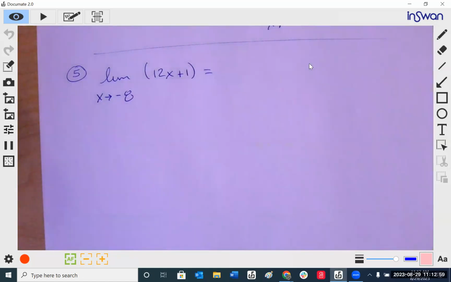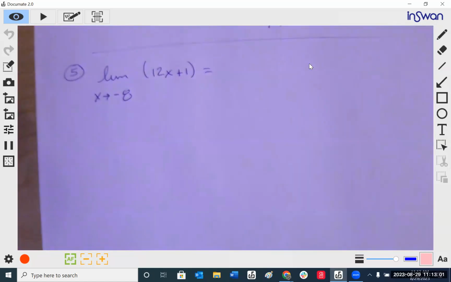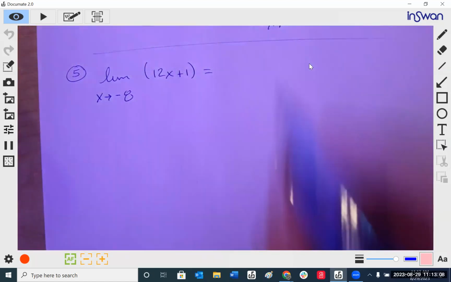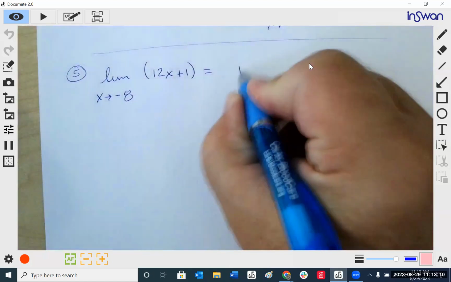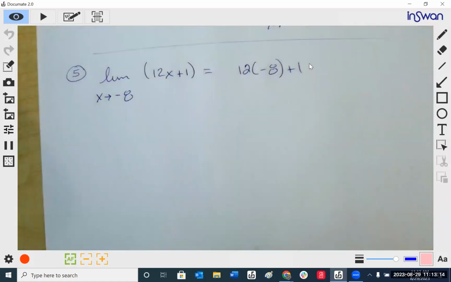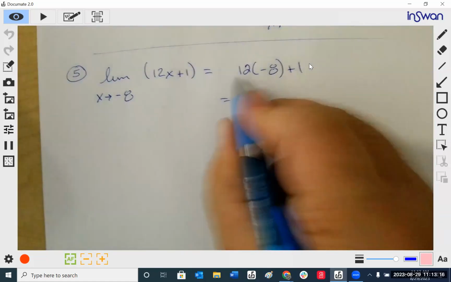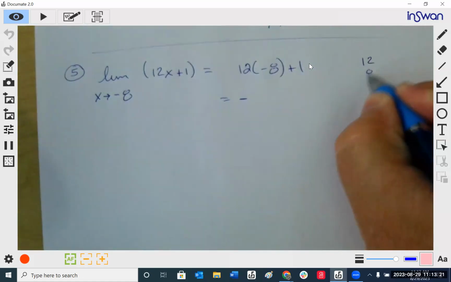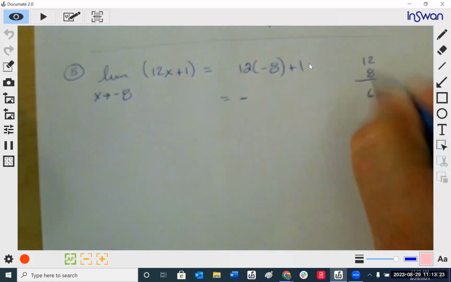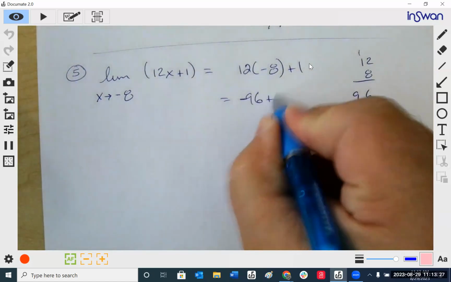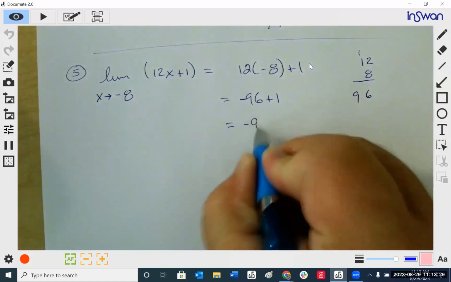So, again, what's the first line of defense in limits? Plug it in. So we get 12 times -8 plus 1. Positive times negative is negative, so -96 plus 1 is -95.